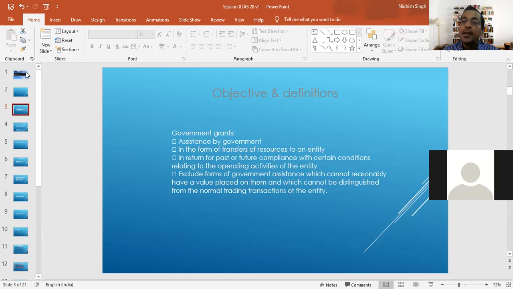So that is a compliance-based incentive where you have to fulfill the criteria and government will provide you the support.